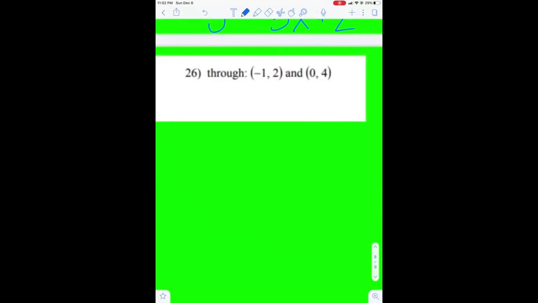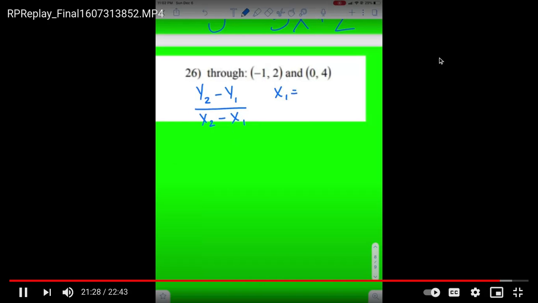Okay, we have one more. So I'm going to do the same thing, y2 minus y1 over x2 minus x1. So I'm going to go ahead and label my x1, which is negative 4, and my y1, which is 2.